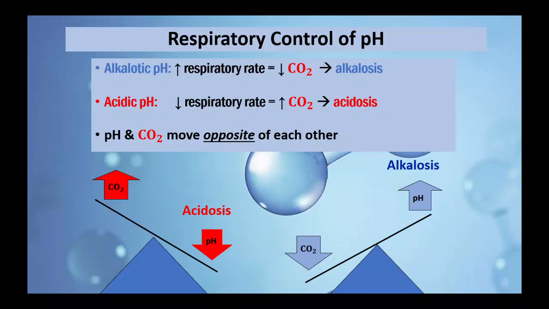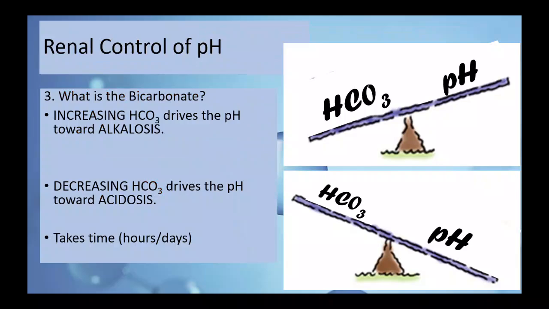Respiratory acidosis means that pH is down, CO2 is up, respiratory opposite. If the CO2 is down, then the pH will be up, and conversely, if the pH is up, the CO2 will be down. That's a respiratory acidosis or respiratory alkalosis, whichever the condition may be. Respiratory opposite.